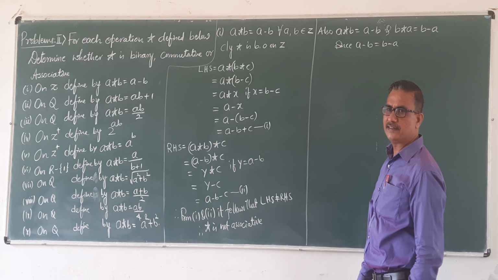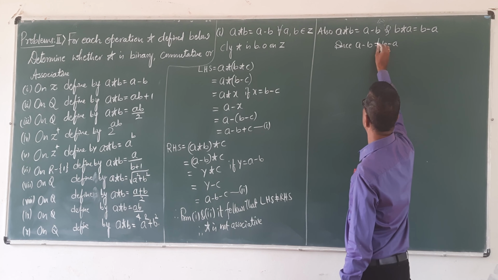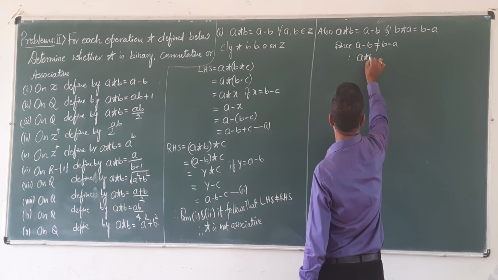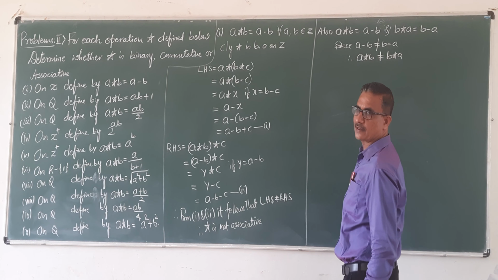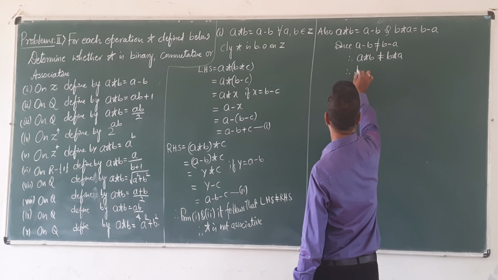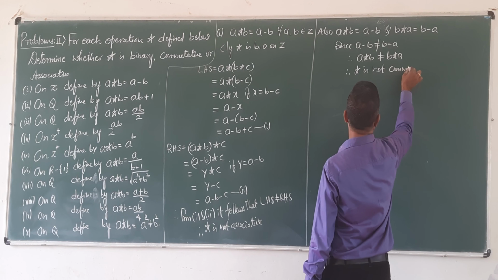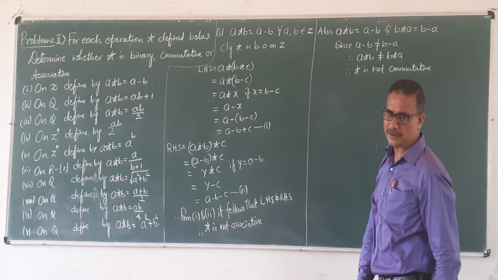For example, is 1 minus 3 the same as 3 minus 1? No, not equal. Since a minus b is not equal to b minus a, that is, a star b is not equal to b star a. We conclude that star is not commutative. It is neither associative nor commutative.